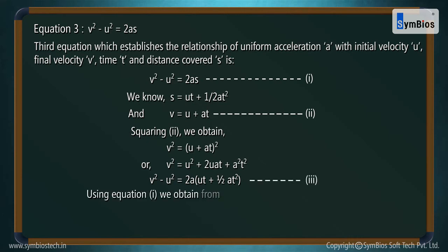Using equation 2, we obtain from equation 3 v square minus u square is equal to 2as, or v square is equal to u square plus 2as.